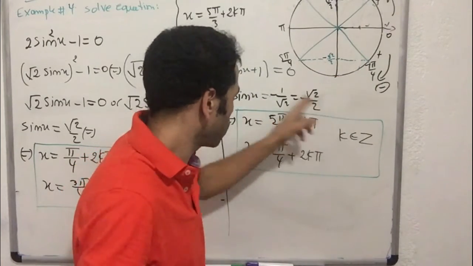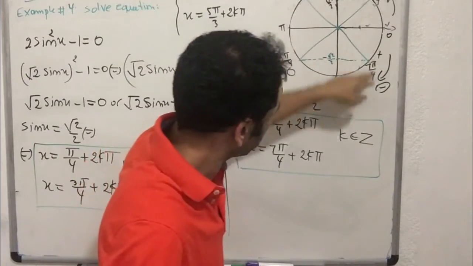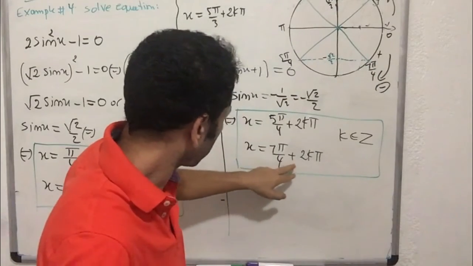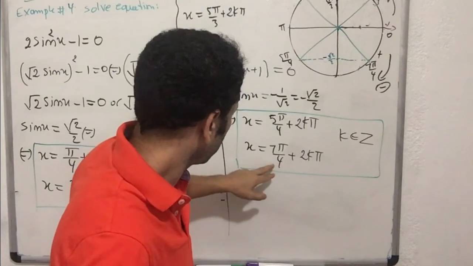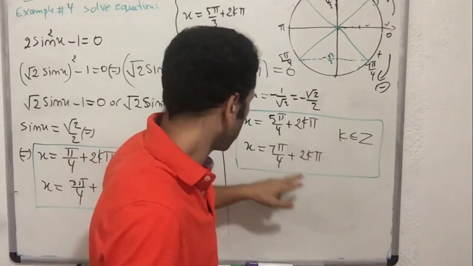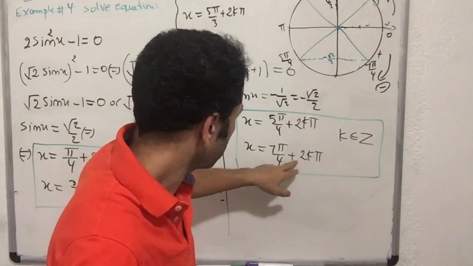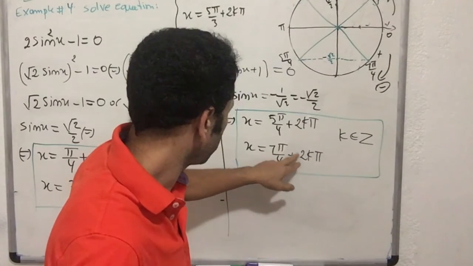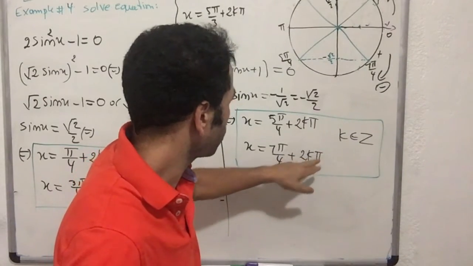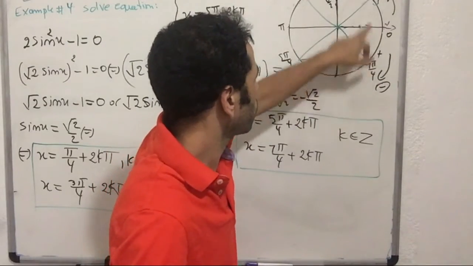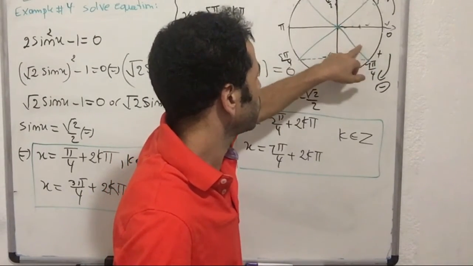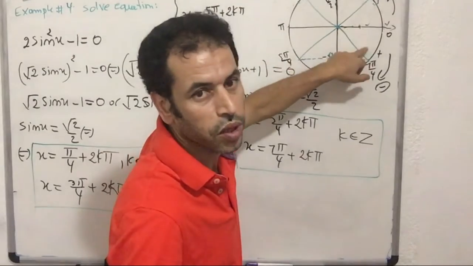If you are going in the negative direction and coming back to the same point, you will have the same angle but in the negative direction. So you will have minus 2 pi plus 7 pi over 4, you have minus pi over 4, which is this one, okay? So minus pi over 4 or 7 pi over 4 will be the same angle. They have the same measurement, okay?